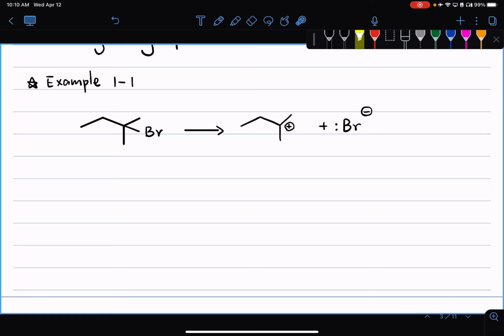Here on the left-hand side, I'm just drawing the bond line formula. If it's more helpful, you might want to draw the Kekulé formula, which is to write out all the C-H bonds.